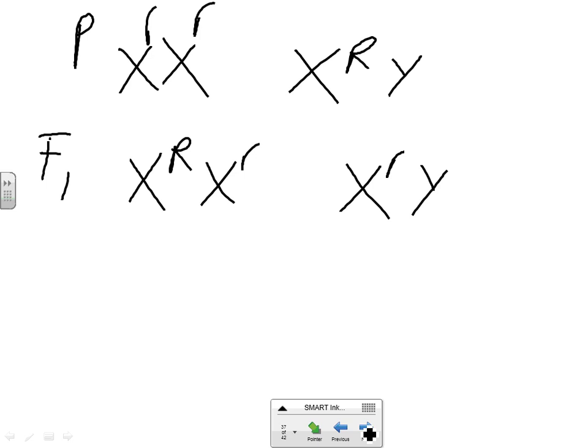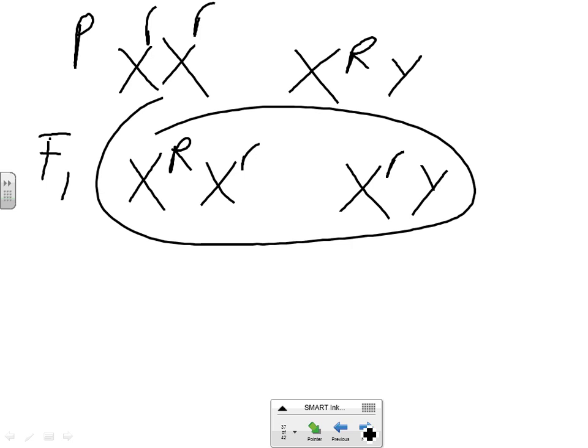So let's draw a Punnett square between those. And if we do that, there's the mom gametes, here's the dad gametes.